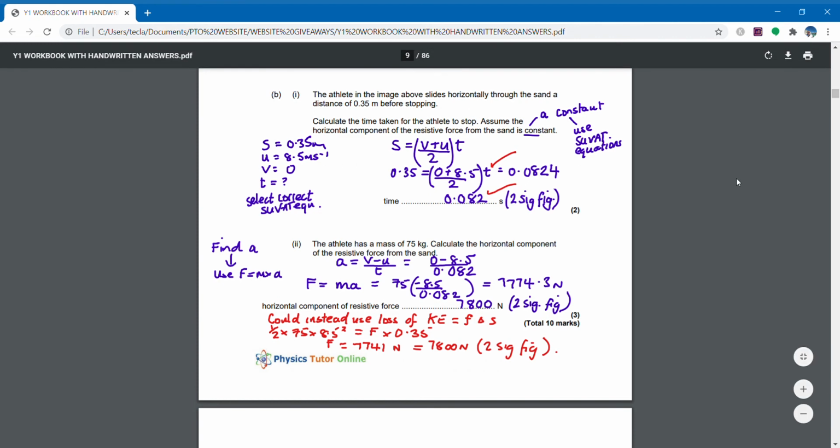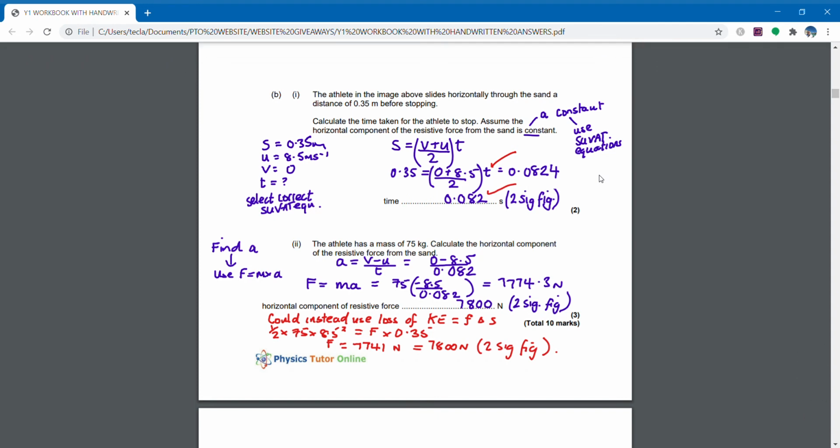So the one here that I've used is S equals V plus U over 2 times T. So 0.35 equals bracket 0 plus 8.5 over 2 times T. And that then gives us a value of 0.082 for T, which is two significant figures. So 1 mark for substituting in the correct values to the equation and 1 mark for your final answer.